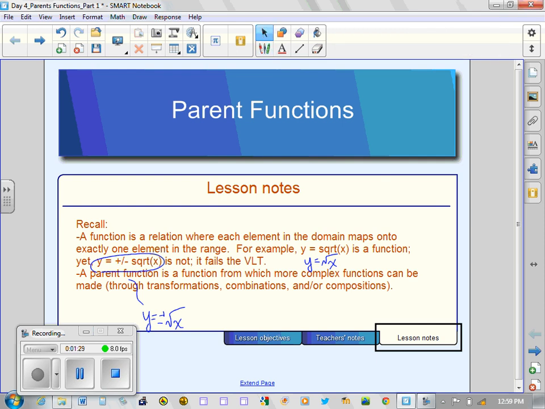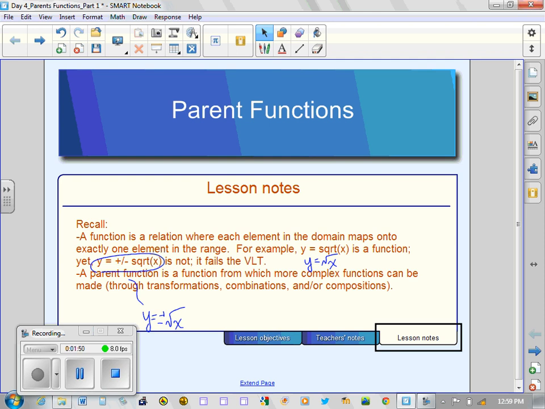Secondly, a parent function is any function from which more complex functions can be made. So you were doing that in previous years through transformations. We can also achieve new functions through combinations and or what we call compositions.